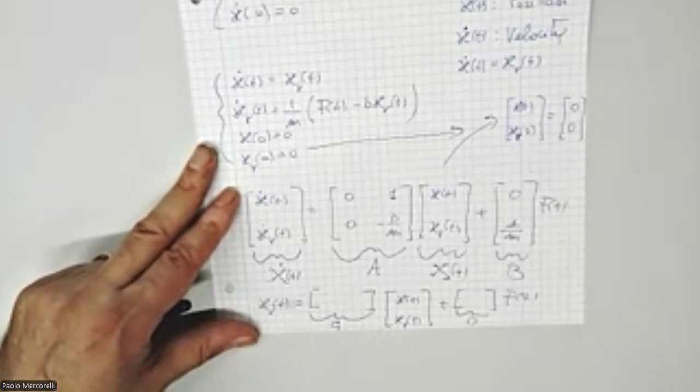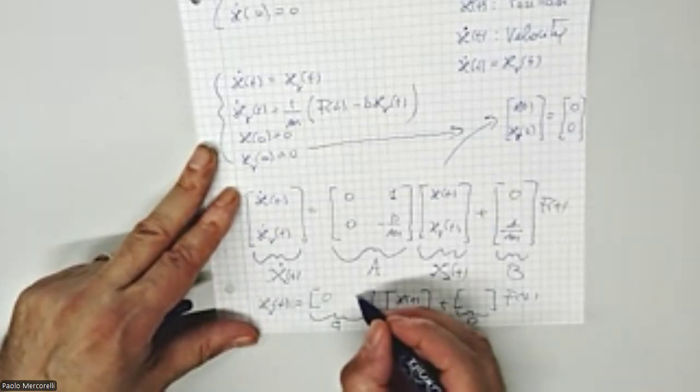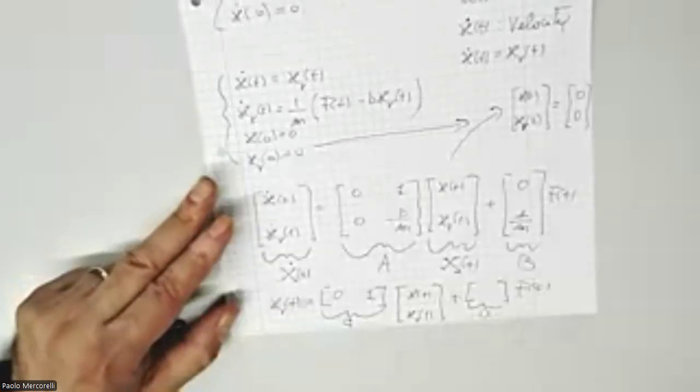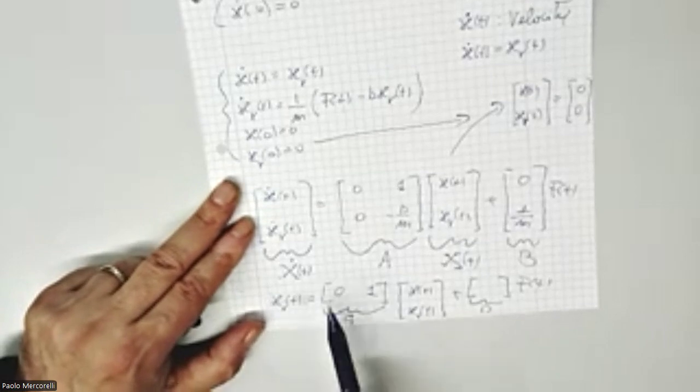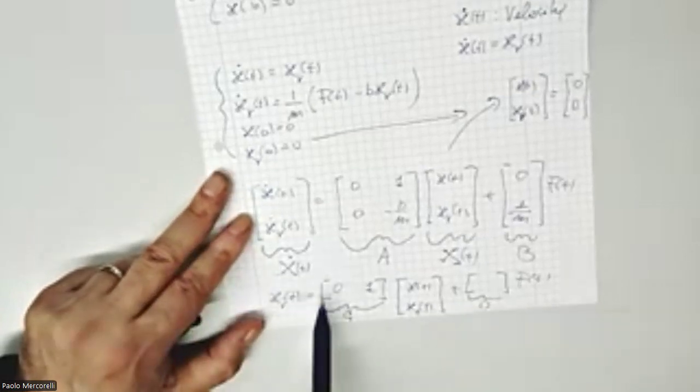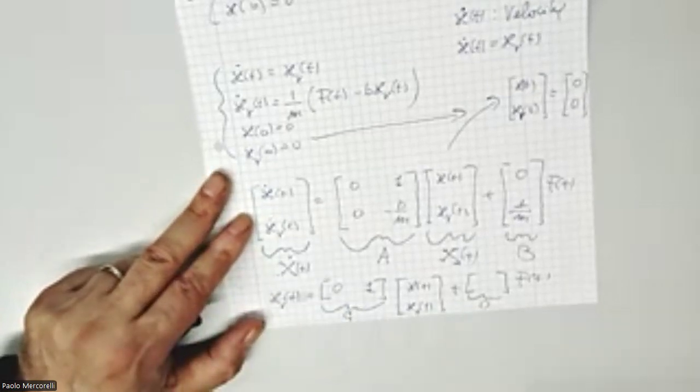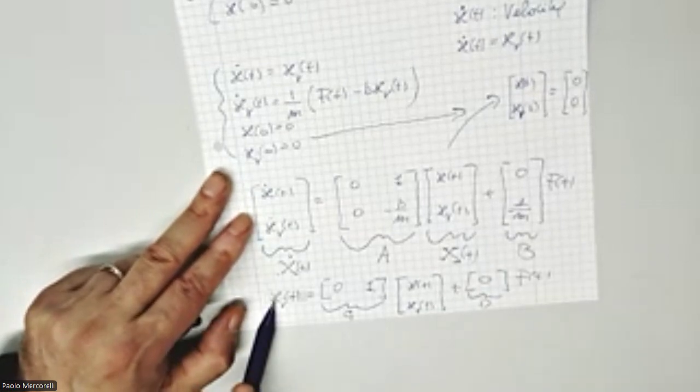What about the output? If I want to control the velocity, typical cruise control, I have to put 0, 1. If I need to control the position, parking problem, I have to put 1, 0. No changes. Here, in any case, is 0, because the idea is to obtain xv.